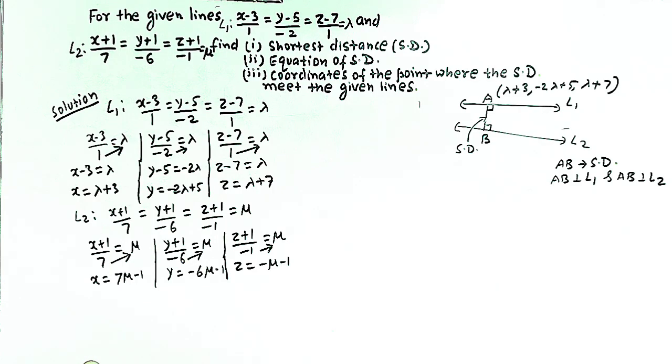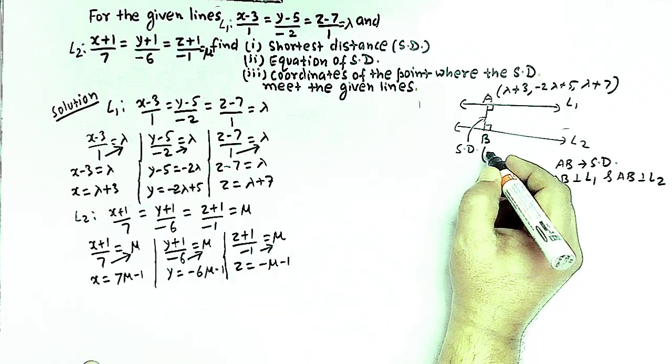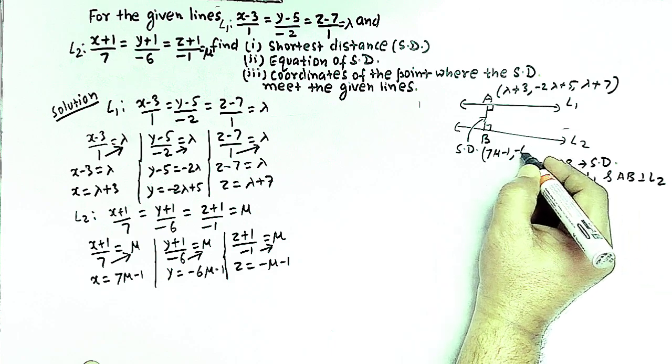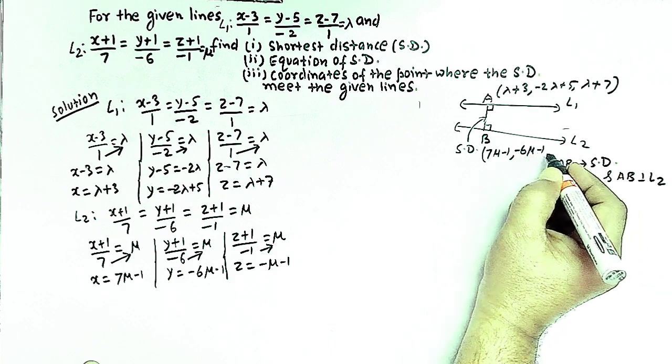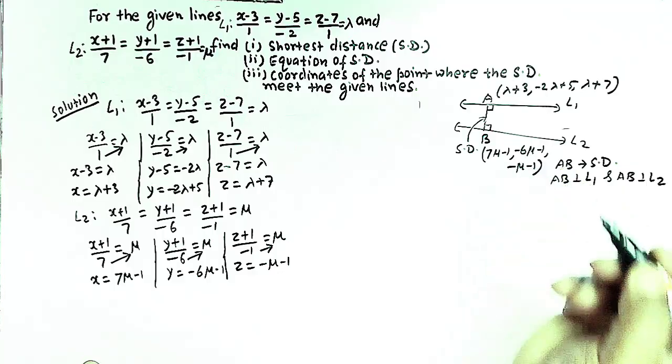So for some value of this scalar mu, we have the coordinates of the point B as (7 mu - 1, -6 mu - 1, -mu - 1), right?